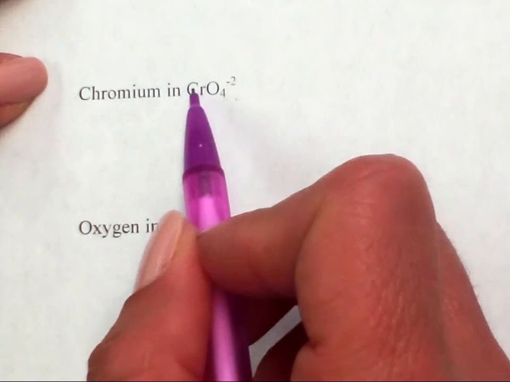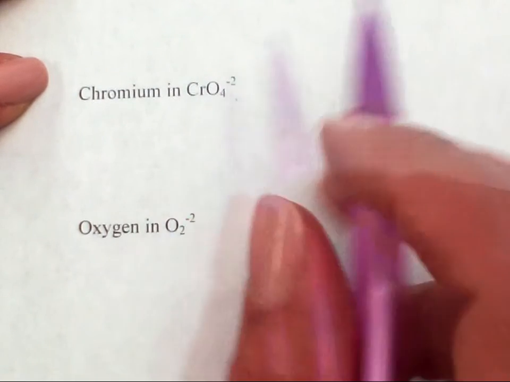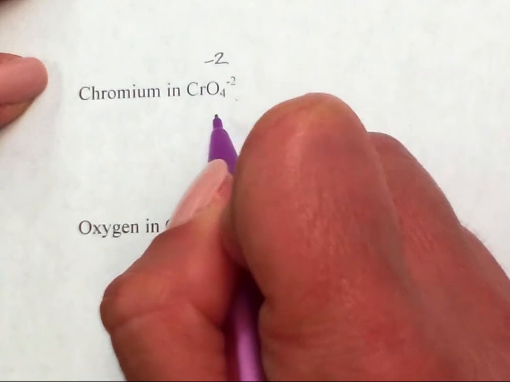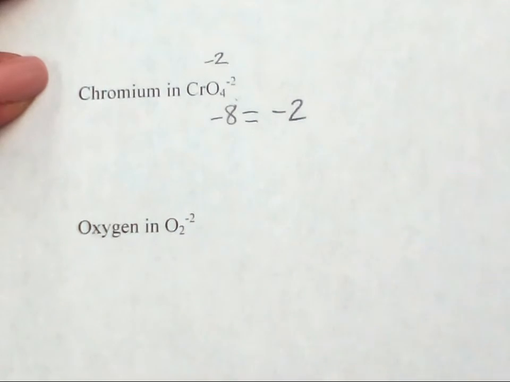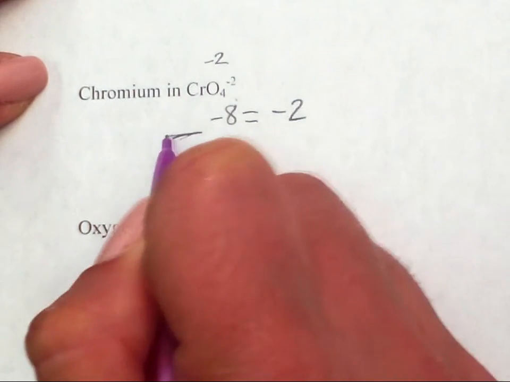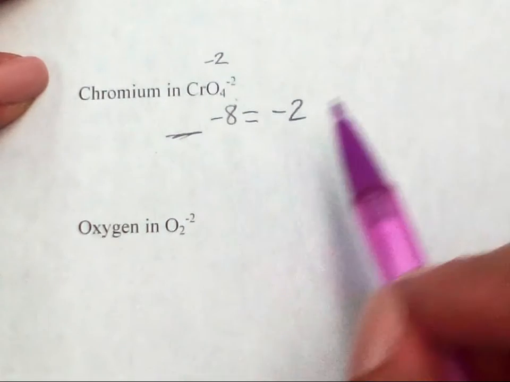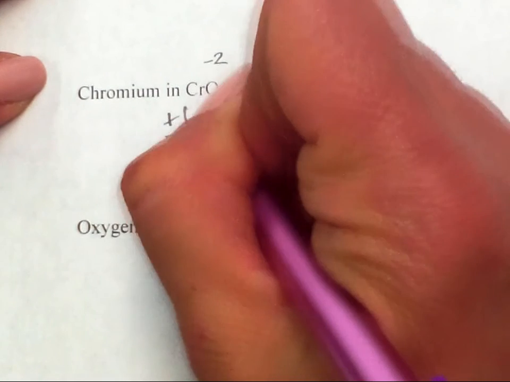So if I have chromium and oxygen, well, I know that oxygen is a -2, but there's 4 of them, so together it's -8. We know that they have to equal -2, and we're looking for chromium. What number would this have to be in order to get the -2? Well, the answer is +6.